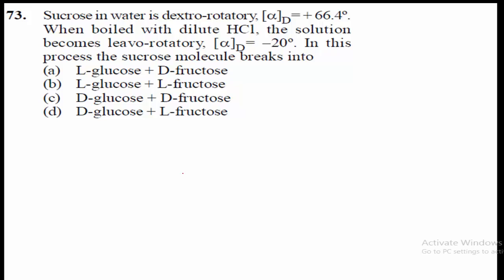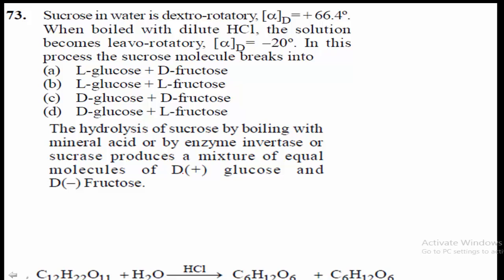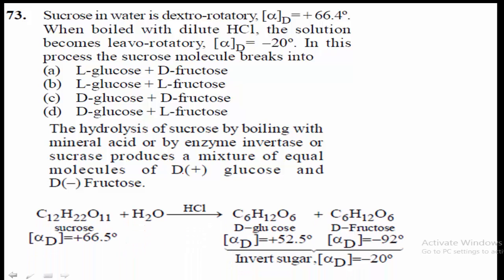73. Sucrose in water is dextrorotatory. When boiled with dilute HCl, the solution becomes levorotatory and the angle of rotation is minus 20 degrees. In this process, the sucrose molecule breaks into: this can be represented as the reaction. Sucrose on hydrolysis with water in presence of an acid catalyst gives D-glucose and D-fructose.